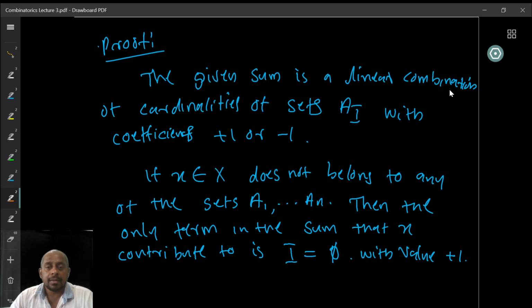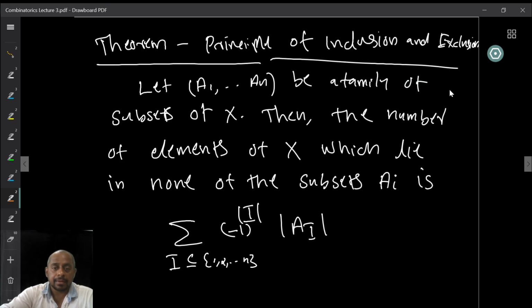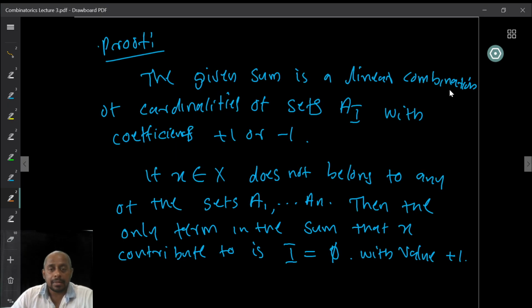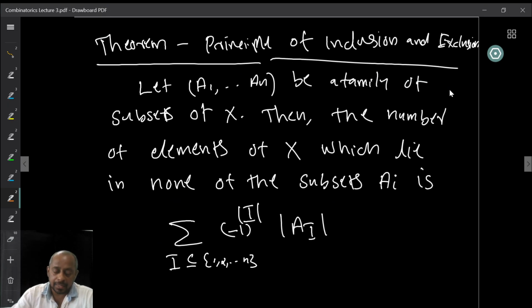Now, if the element x does not belong to any of the sets A1 to An, then the only term in the sum where the element x appears is when I is equal to empty. Why is that?